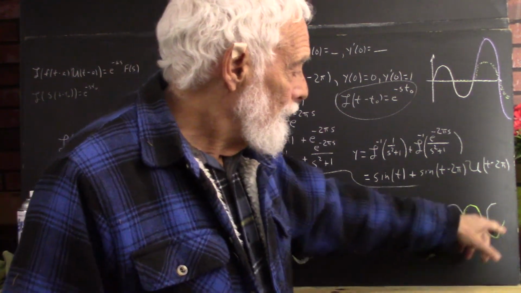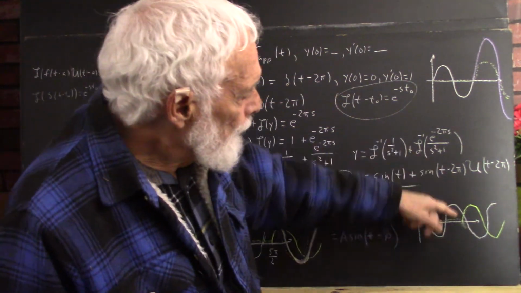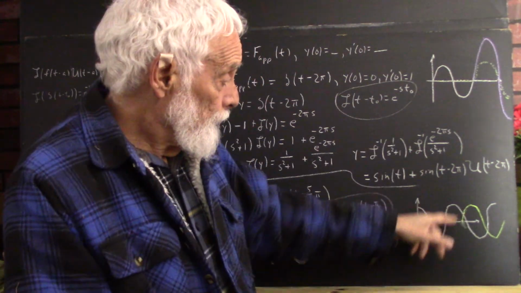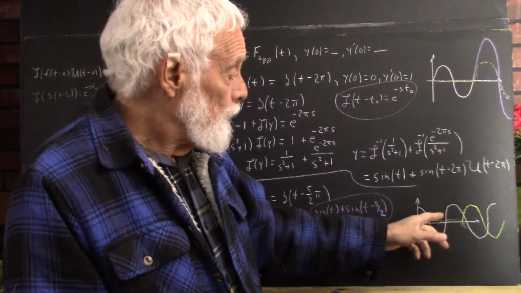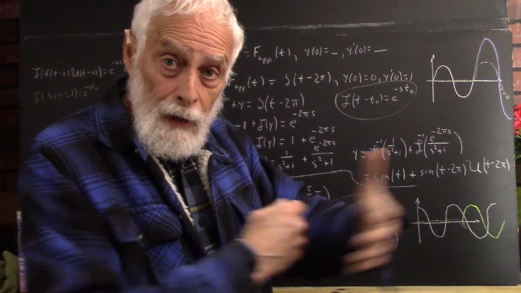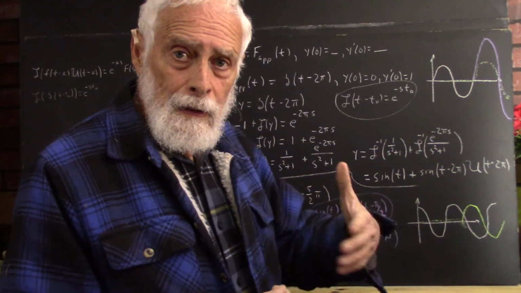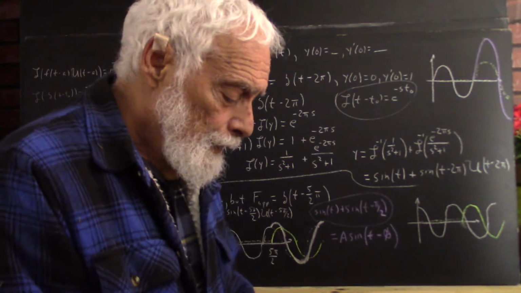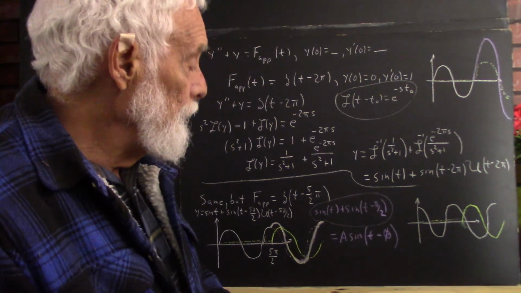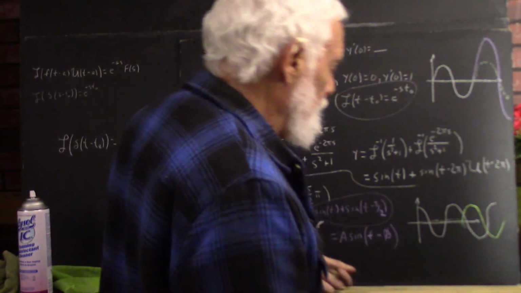And I apply a positive impulse. Well, then what's happening? I'm applying a positive impulse, because this thing is positive, to a pendulum that's in negative motion. So the pendulum's going to collide with the impulsive force, and you're going to have a decrease in the amplitude. And if you combine these two graphs, you see that you have a decrease in the amplitude.